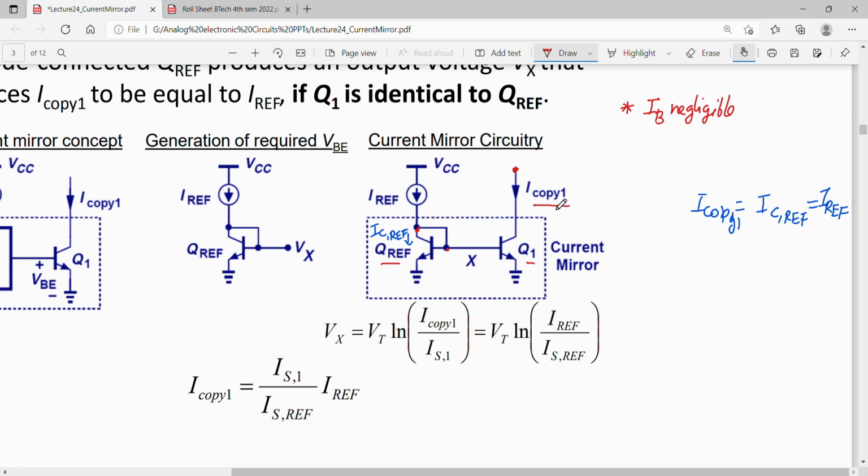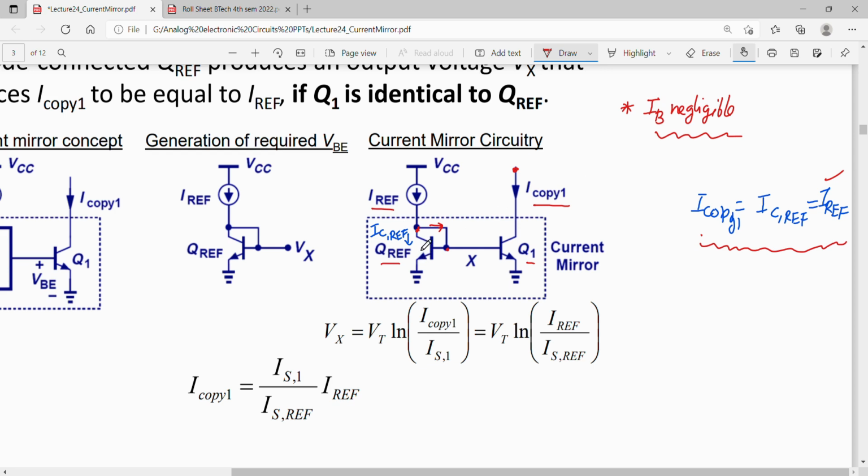Now this I copy 1, that is this current, I want to be equal to the reference current. And I also want this, considering that IB is negligible, that is this current coming into the base, okay, so this is negligible, then this IREF would be equal to the current through the collector of this reference transistor.